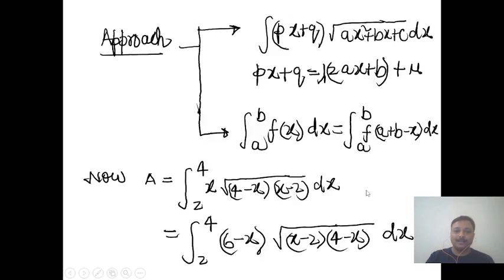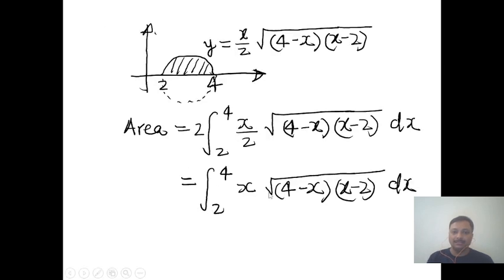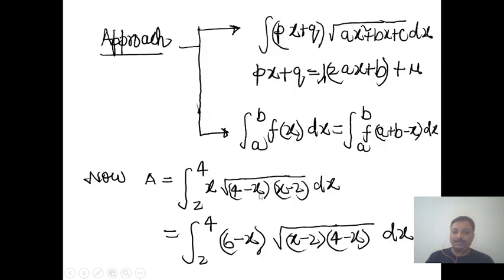So you can write this integral. Now to calculate this integral, you have two approaches. The first approach is very common: integral of (px plus q) times the square root of ax square plus bx plus c dx. So you can let px plus q equal to lambda times the derivative of whatever is within the square root, because the derivative will be a linear function of x, plus mu.